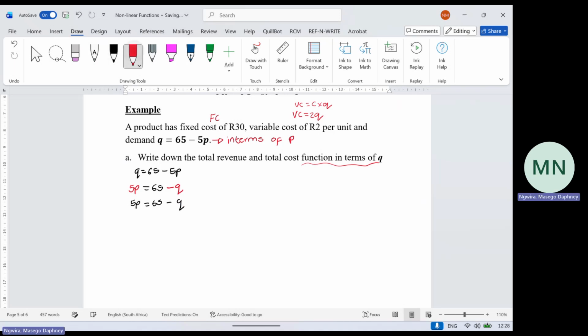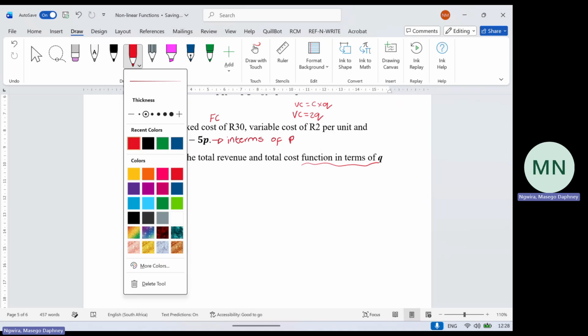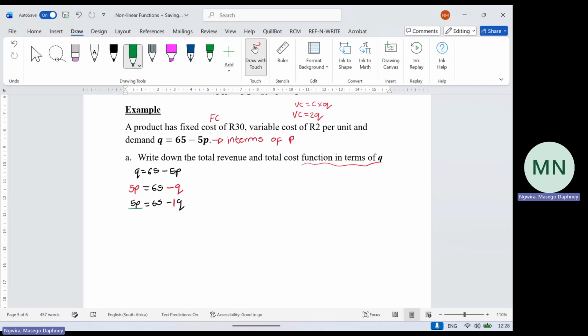When we divide, remember here there's always a 1. Let's not forget that. Then we divide both sides by 5. The 5 and this 5 cancel because 5 divided by 5 is 1.